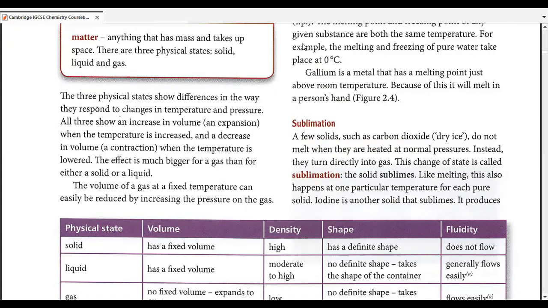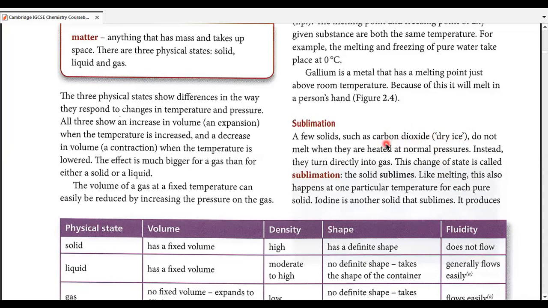Now, sublimation only happens for a few solids. Carbon dioxide gas, which you're familiar with from biology books, is the gas that we exhale every time we breathe out. It is commonly known in its solid form as dry ice. Dry ice is the solid form of carbon dioxide. Why do we call it dry ice? Because it looks like ice, but it's not wet because it's not made of water.